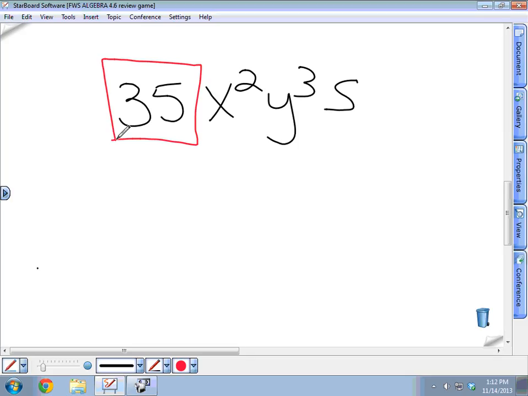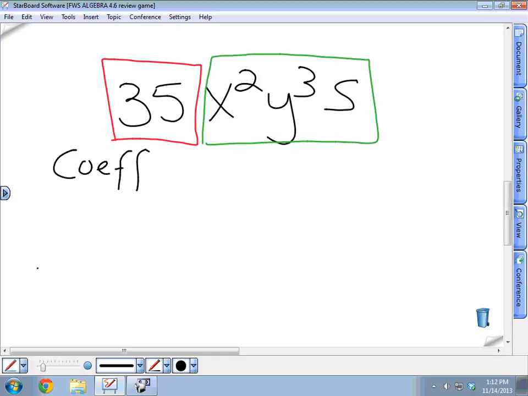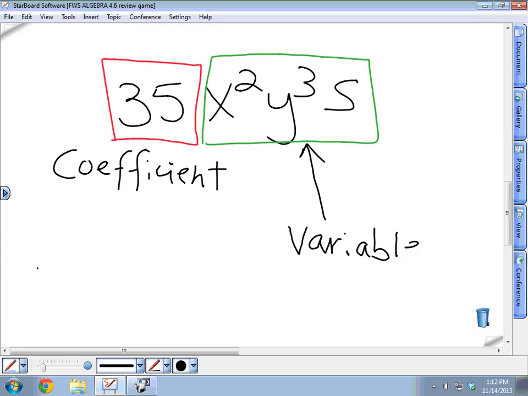Okay? The part that's not the constant, who knows what this is called? Anyone? It's called the variable expression. Okay?